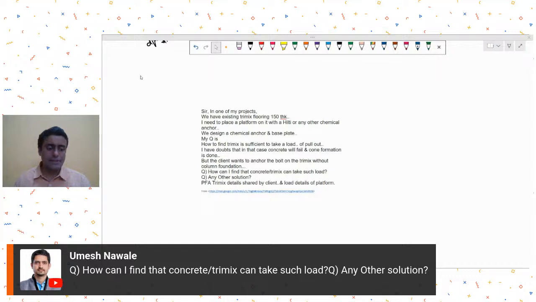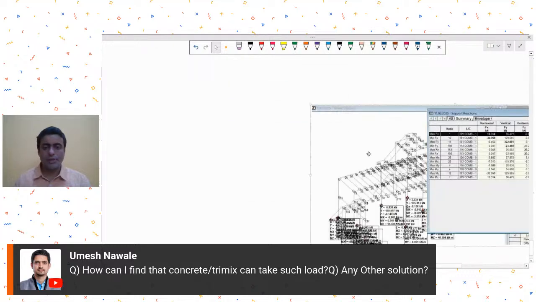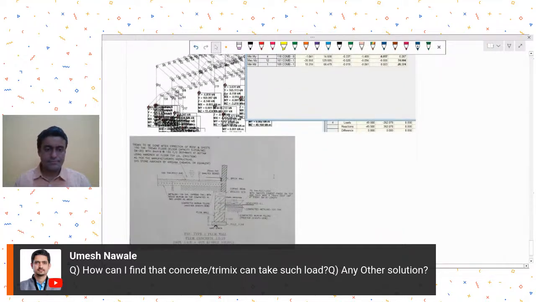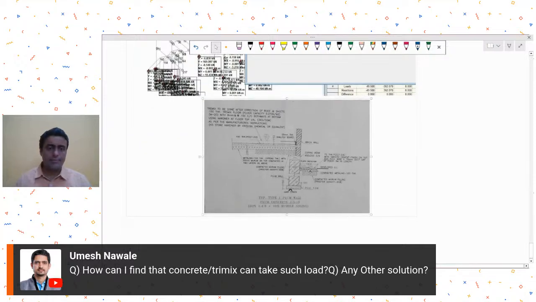So in his case, the client does not want to provide a foundation and a pedestal for the flooring. Okay, so this is the floor, premix floor.